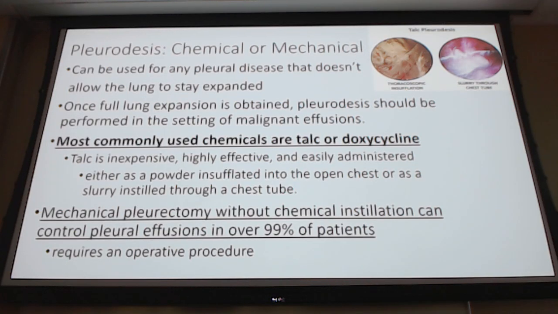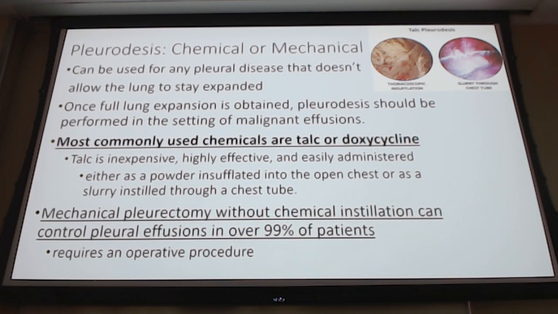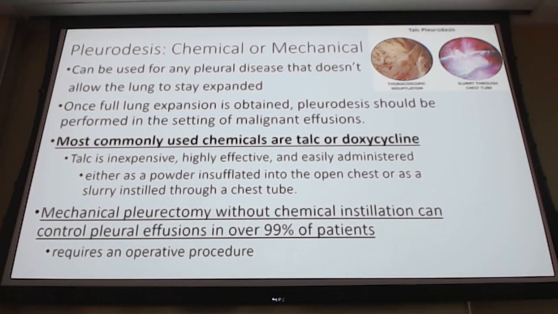It helps prevent spontaneous pneumothoraces. Okay, if the lung is constantly adhered to the chest wall, most likely it's not going to collapse. Okay, and it's for those effusions that are chronic. Okay. Most common chemicals that we use are either talc or doxycycline. Talc is the most common.